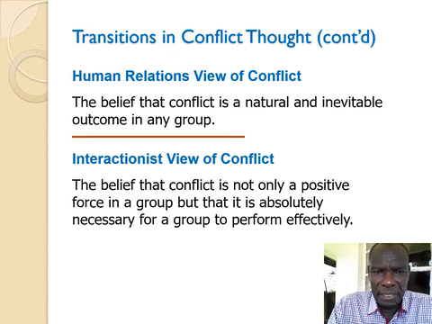After that, we move to the third perspective, the interactionist view of conflict. This is the belief that conflict is not only positive in a group, but that it is absolutely necessary for a group to perform effectively.